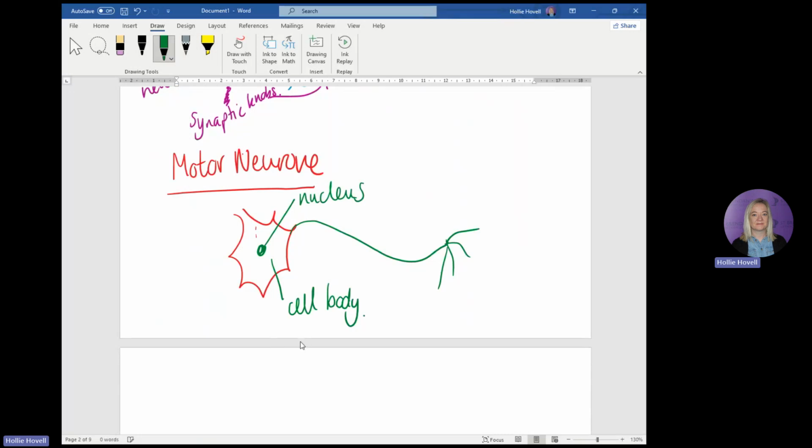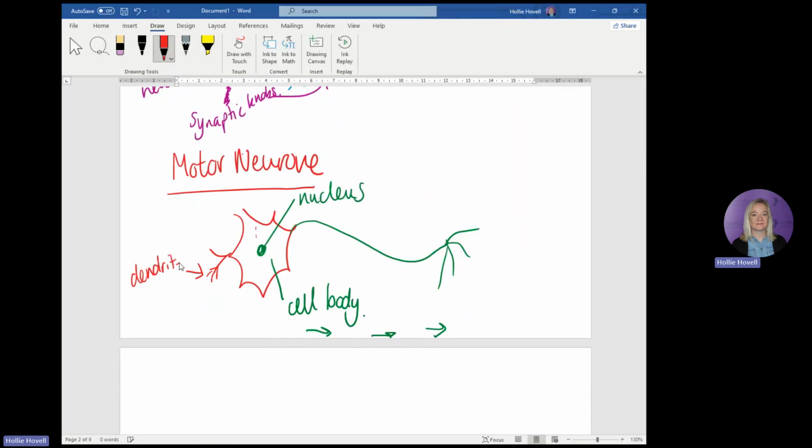Now, if the signal is going to go this way along, before the cell body is going to be dendrons. If it branches into tiny little bits, you might call the tiny branches dendrites, but den something before the cell body.